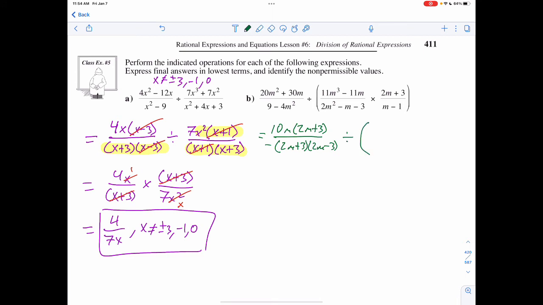I'm going to divide that by, when I factor down what's in here, on the top, I'm going to pull out an 11m, and that leaves me with m squared minus 1, or m plus 1, m minus 1. I'm going to use decomposition in the denominator to factor it down to 2m minus 3 and m plus 1. And I'm going to multiply that by, these can't be factored down, 2m plus 3 and m minus 1.